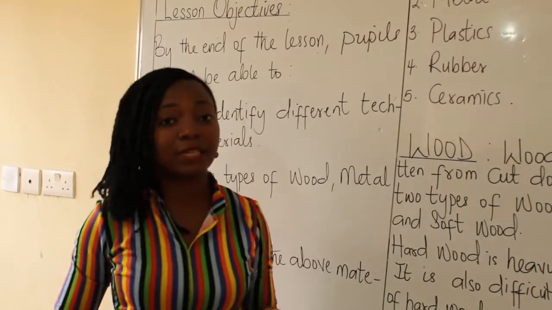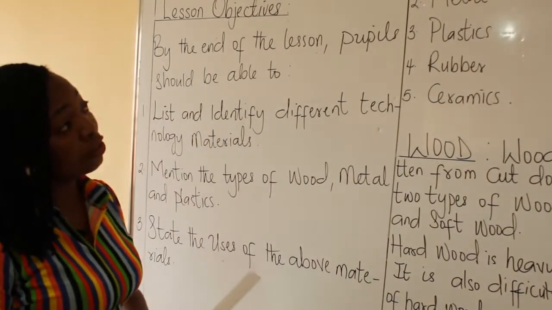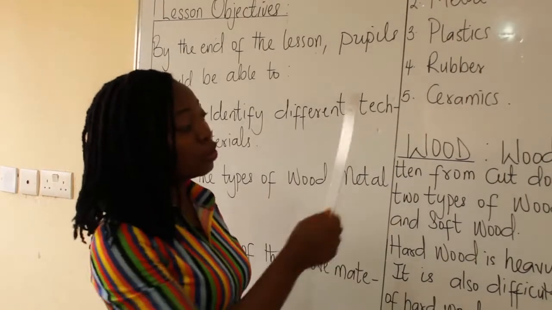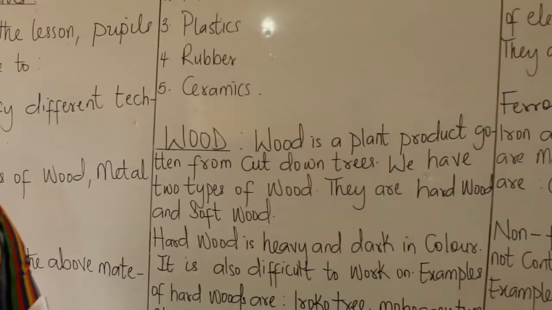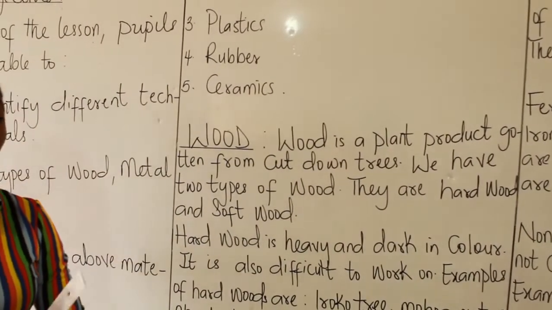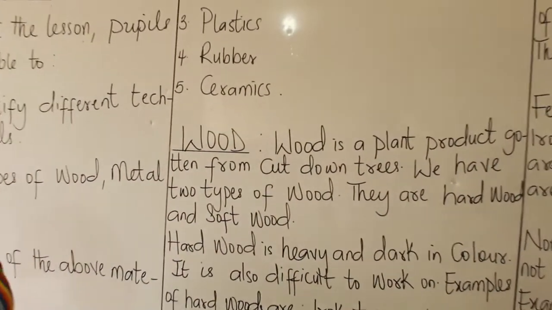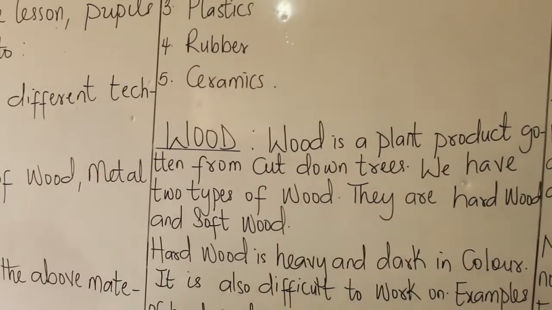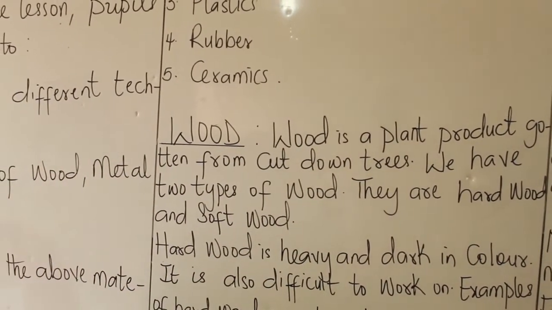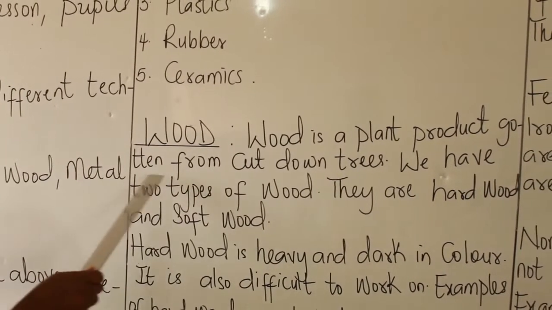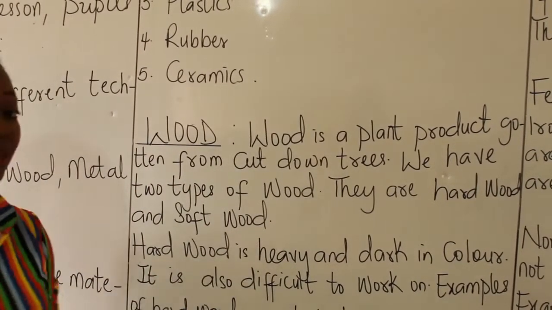Alright, let's proceed. Our first technology material is wood. I believe you're conversant with that word, wood. Wood is a plant product gotten from cut down trees.